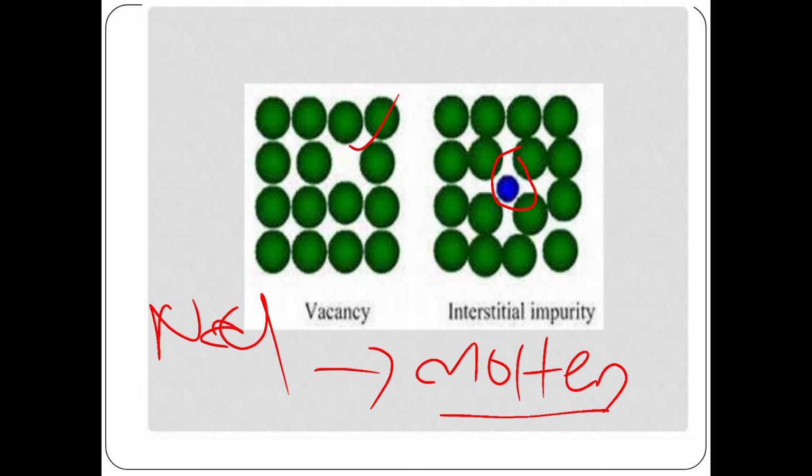Impurity means another substance or foreign substance other than the atoms or ions in that compound. So an impurity occupies the space. First a vacancy is created, then an impurity occupies the space. So it is an interstitial impurity.